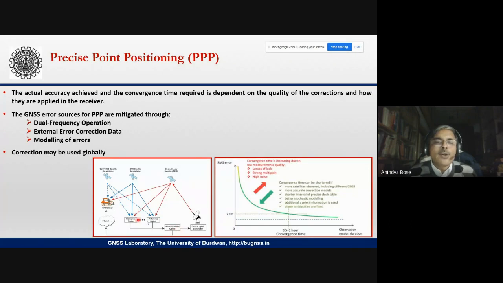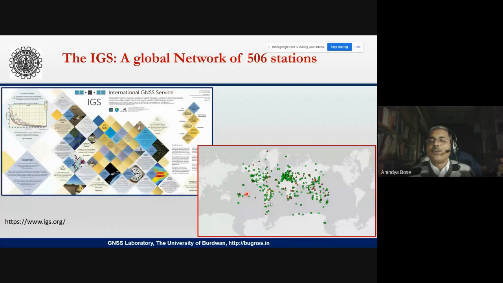After collecting the raw data, there are so many reference points over the globe under the IGS, International GNSS Service. Right. It's a completely open, free of cost service for the benefit of the GNSS user community worldwide. And you can see now there are more than 150 stations.